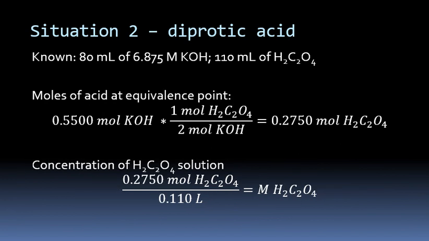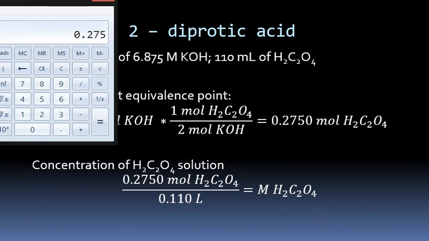Now then, we did determine what that number was, which was 0.2750 moles of oxalic acid. So that is the moles of our acid from our solution before we started titrating it. The volume of that acid solution before we added any base was again 110 milliliters, or 0.11 liters.